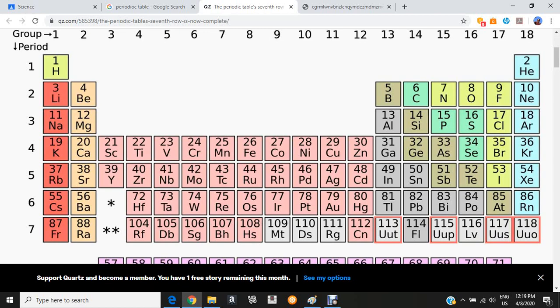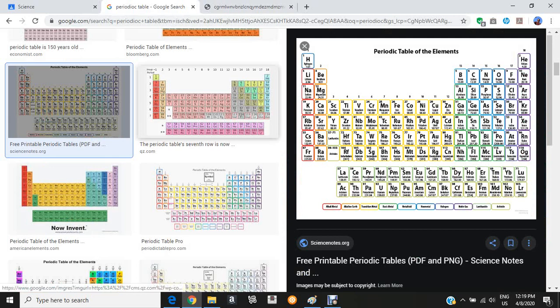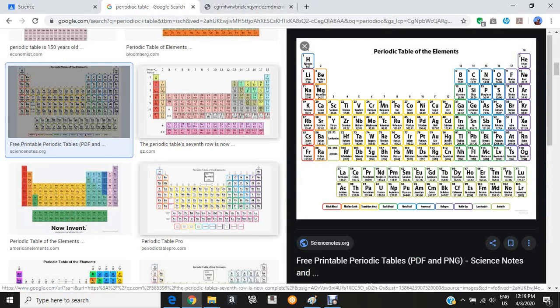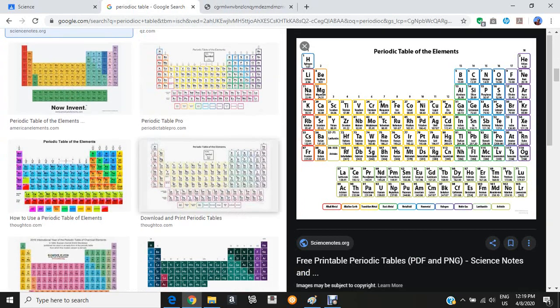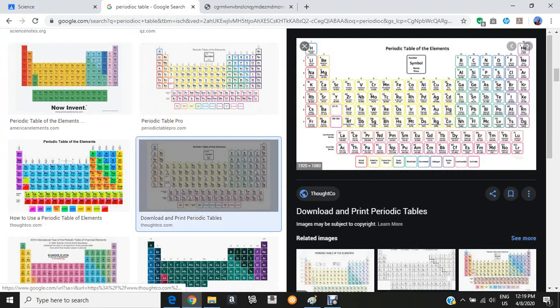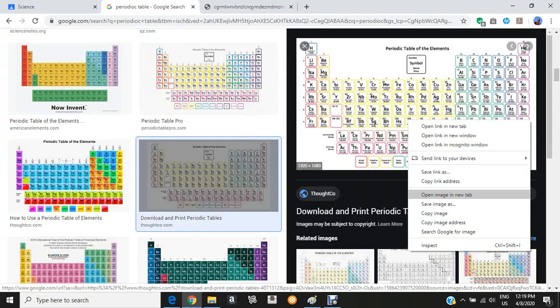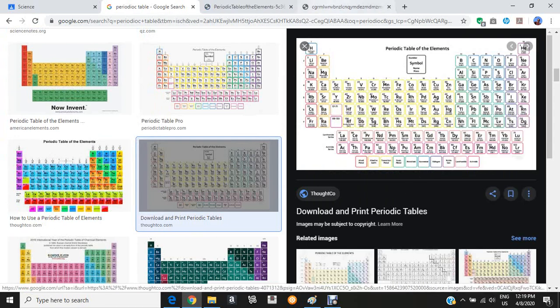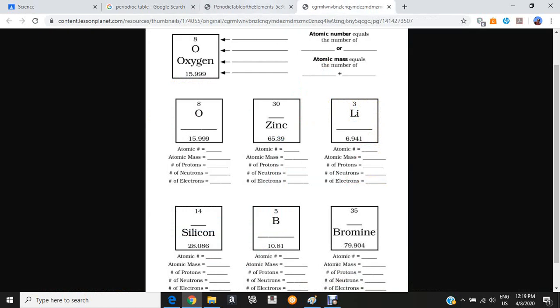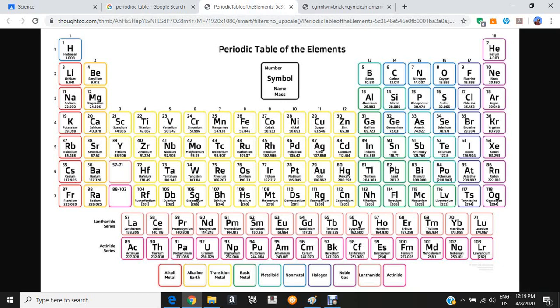This one shows only the atomic numbers. It's not what we need. This is the one we need.